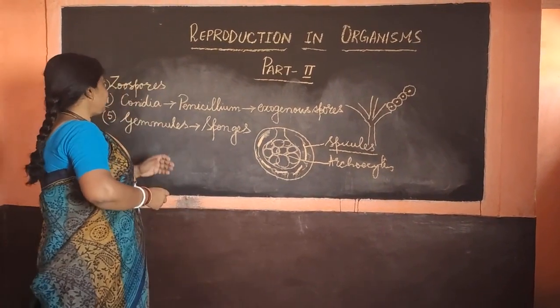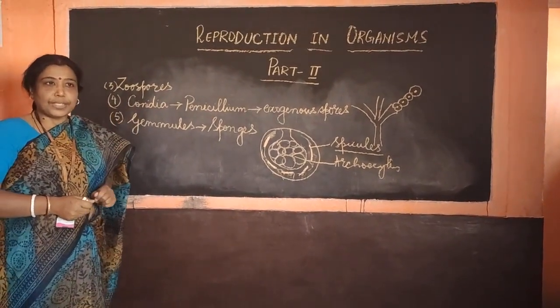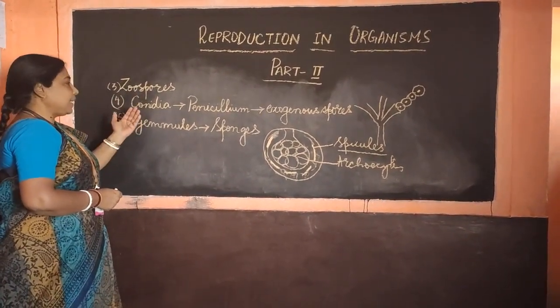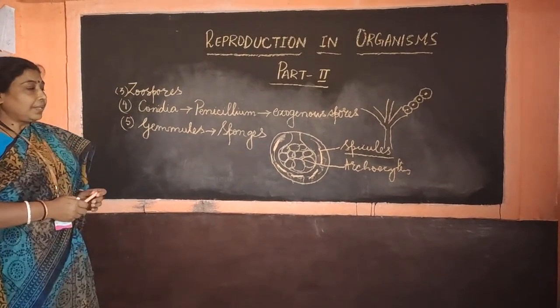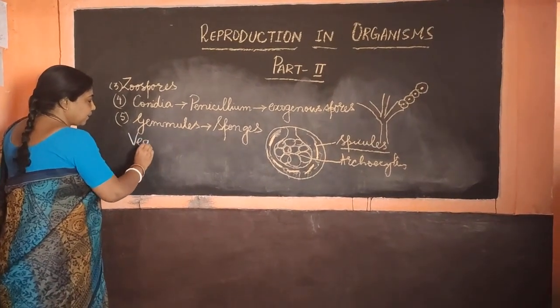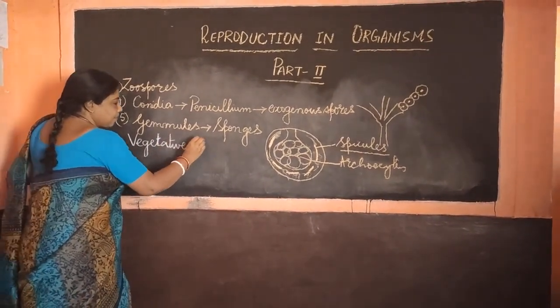Now you see, how far have we dealt? First we dealt with fission, then with budding, then we had the zoospores, then conidia, then the gemmules. Now we are going to deal with another method of asexual reproduction, and that is vegetative propagation.